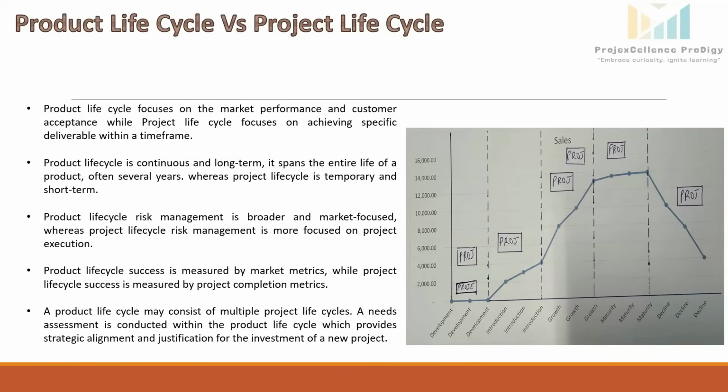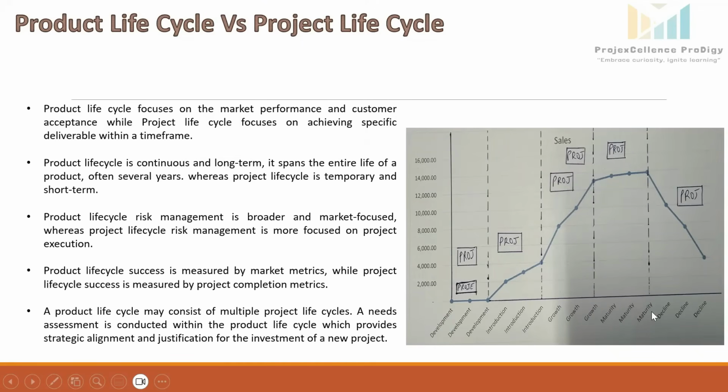Product life cycle and project life cycle are interrelated. A product life cycle may consist of multiple project life cycles. Here in this figure, we can clearly see that in each stage of the product life cycle, we can see a couple of projects. You see under the development stage, the projects are there in introduction, in growth, maturity, and decline.